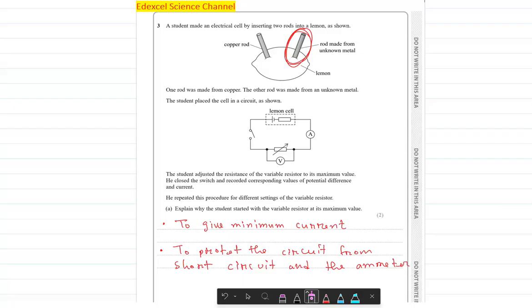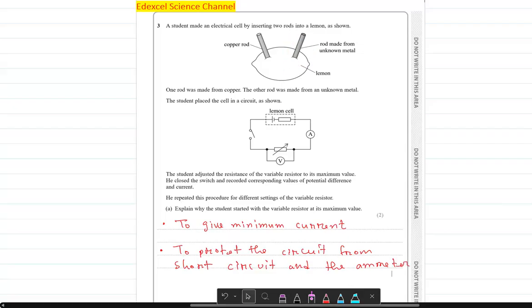So you're protecting the circuit from short circuit, and you are also protecting the emitter.